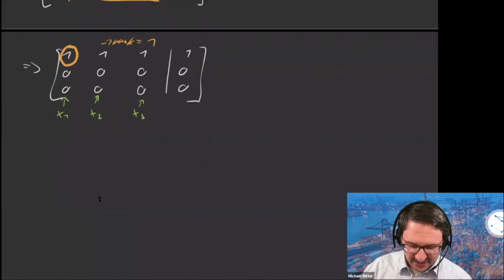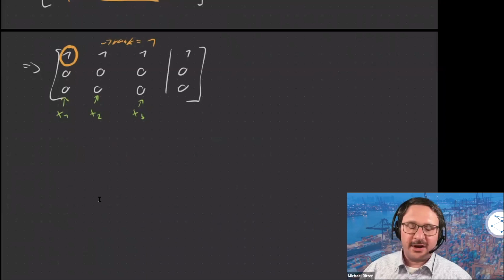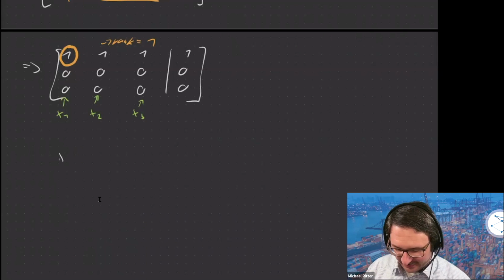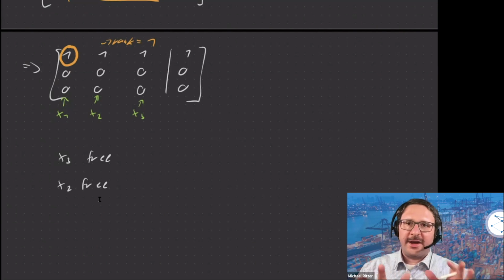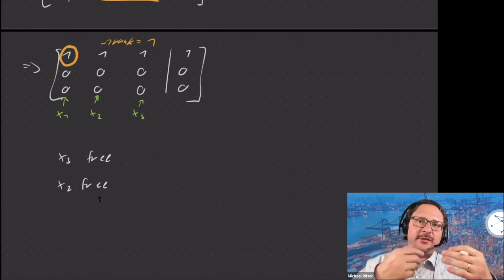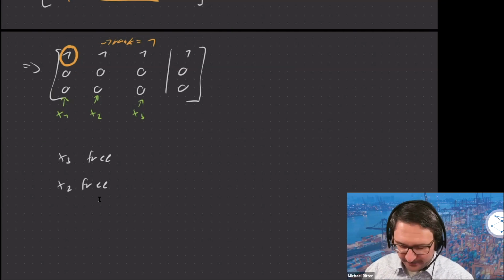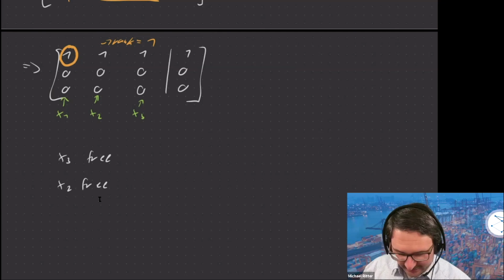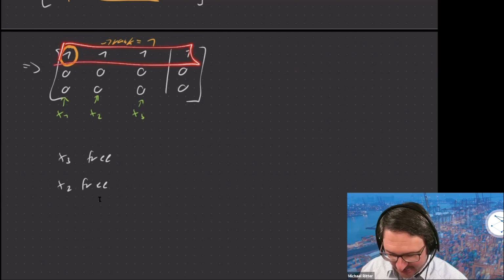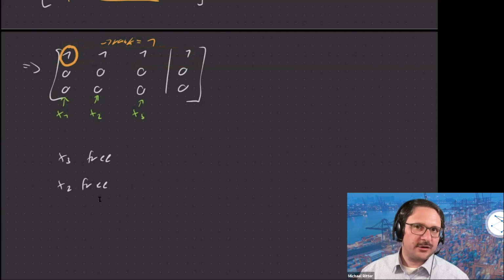So what happens here is that these other 2 variables are free variables then. x3 is a free variable, x2 is a free variable. Those may take on any value, and for any combination of those two values, there is a corresponding x1 value such that we get a feasible solution. And of course, x1 then has to satisfy this first equation here for any given value of x2 and x3.